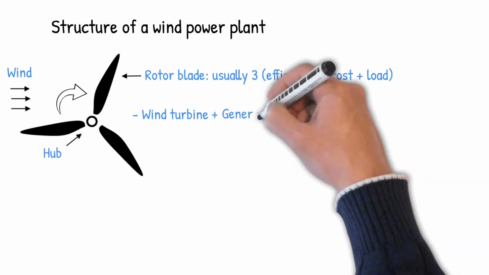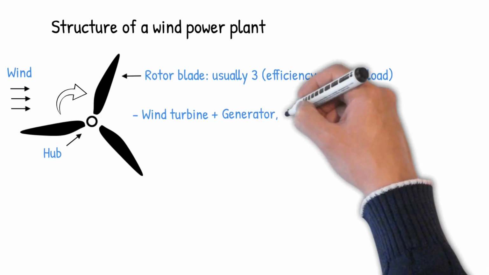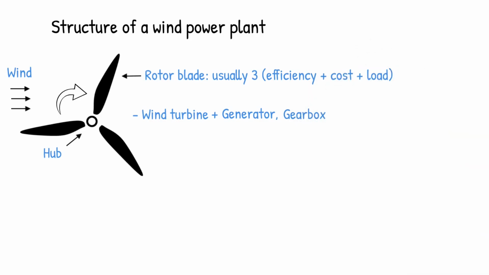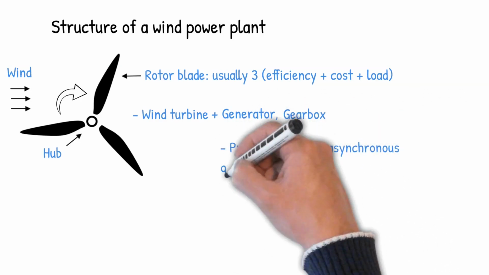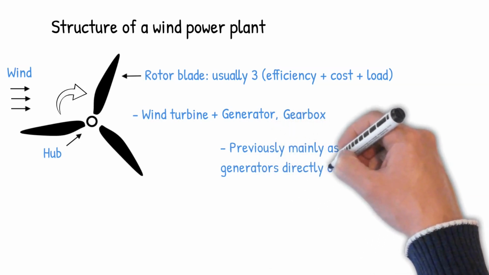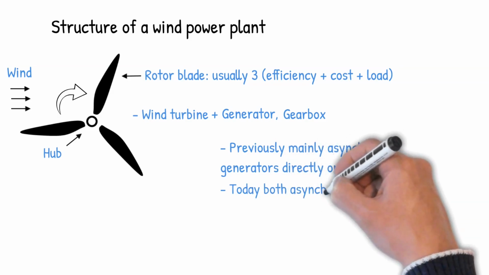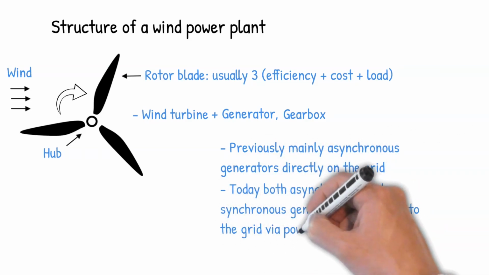Both asynchronous and synchronous generators are used here. In most cases, a gearbox is also used to increase the efficiency of the overall system and to achieve the ideal speed range of the wind turbine. In the past, turbines with asynchronous generators were sometimes connected directly to the grid. Nowadays, the generators are usually connected to the grid via power converters for much more efficient operation.